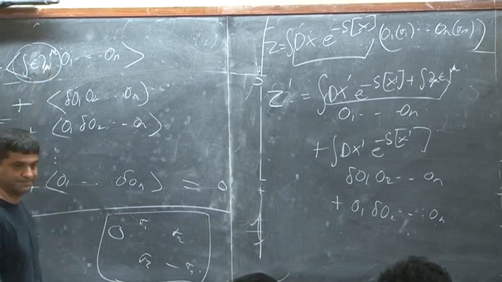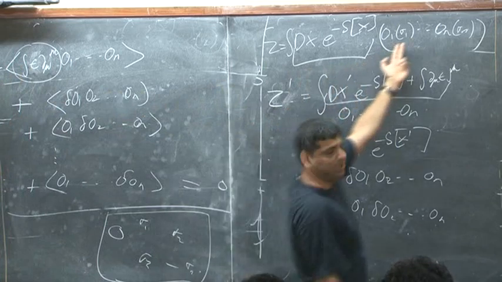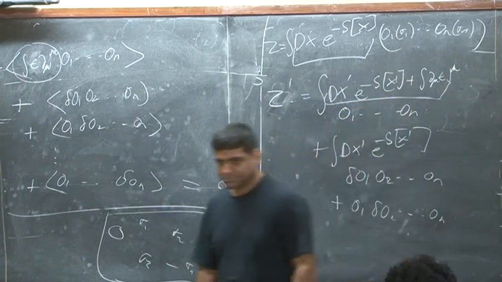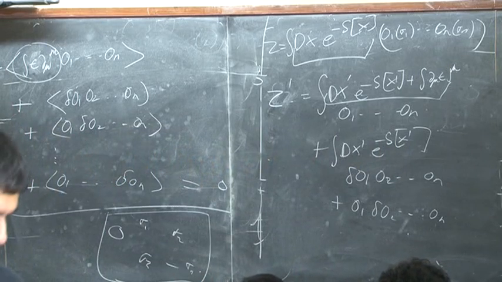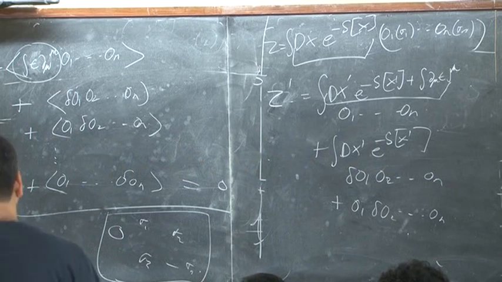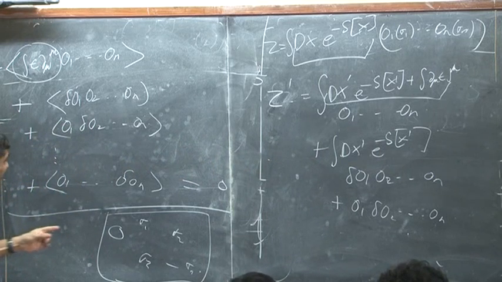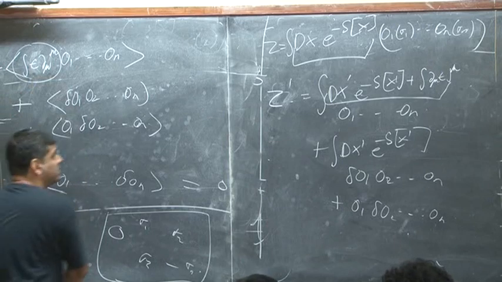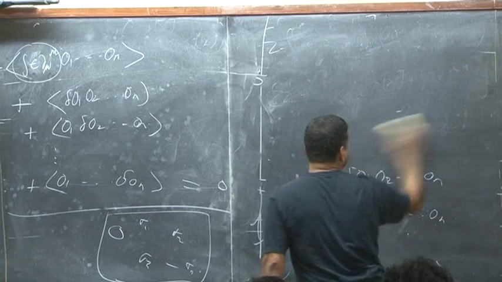This was an integral over sigma, completely independent of sigma 1, sigma 2, sigma n. Fine, so let us first take the case where these points are well separated. Then everything else is equal to 0.